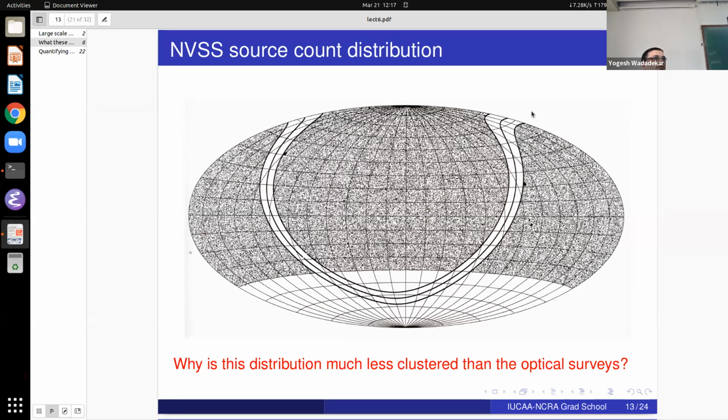So in the optical, the fainter objects are further away. In the radio, the fainter objects are closer. Okay, and why does this counterintuitive thing happen? Why could it happen?